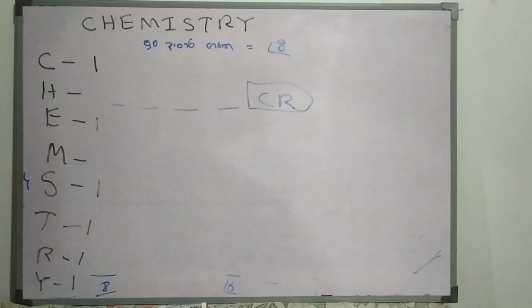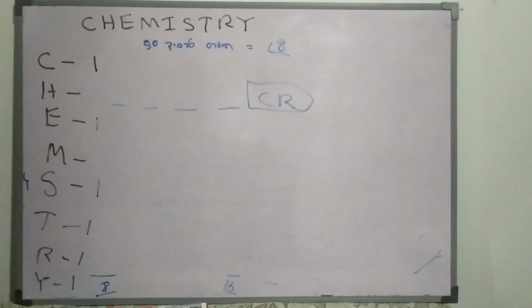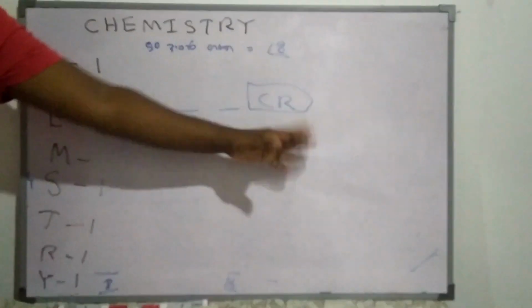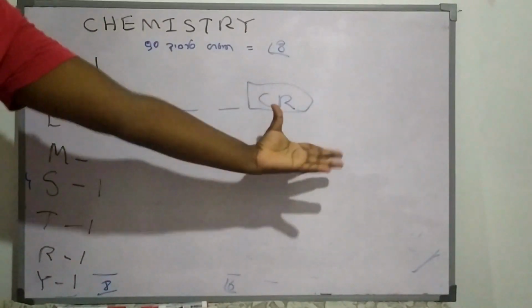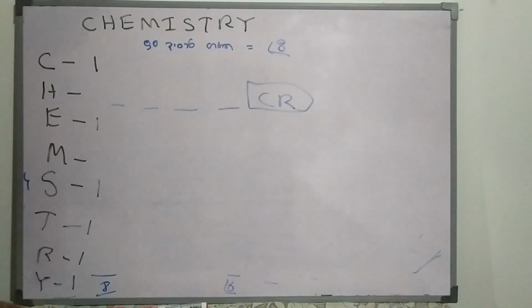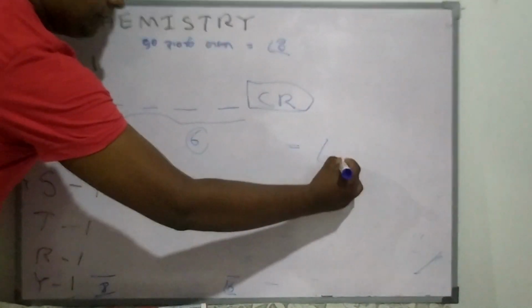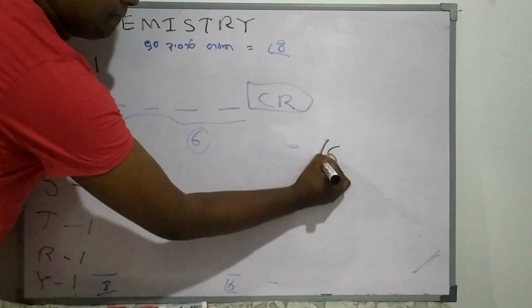CR not in the corner means you have to first put CR onto the corner, and we'll see how many arrangements we have with CR in the corner. With CR in the corner we have 6 letters, and the answer is factorial 6.